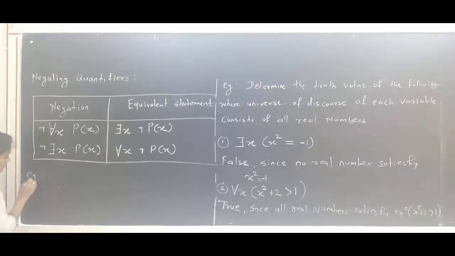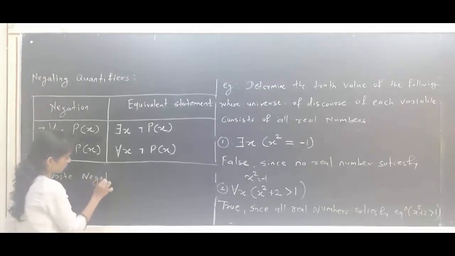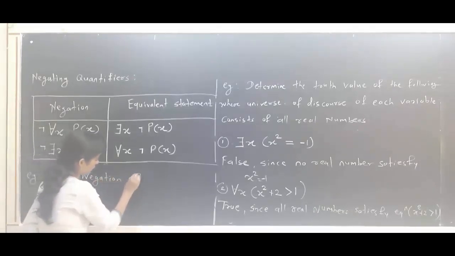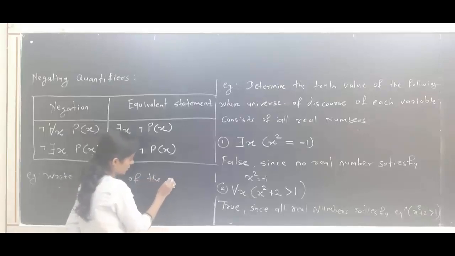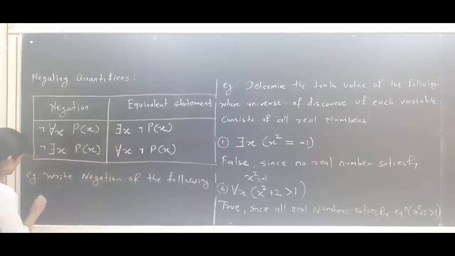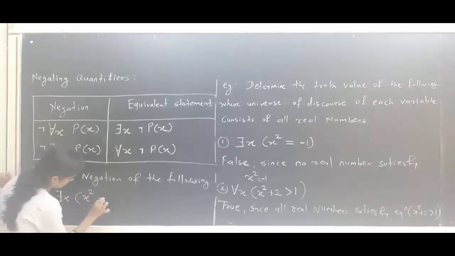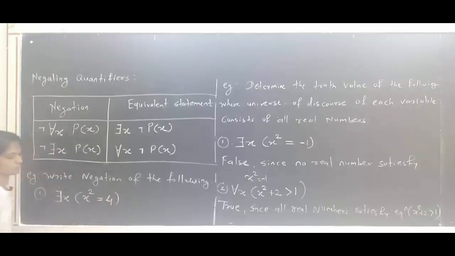Example: write negation of the following. So here first, there exists x, x square is equal to 4.